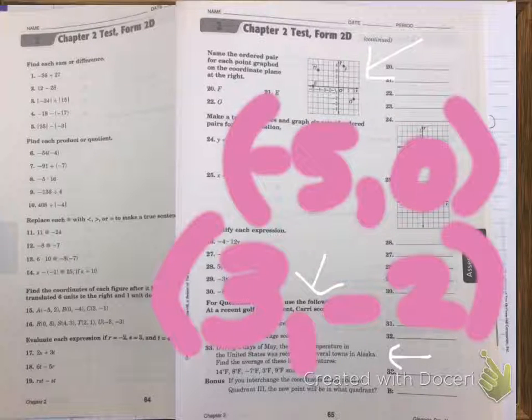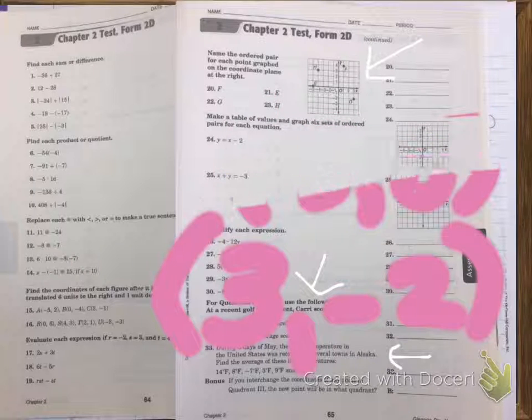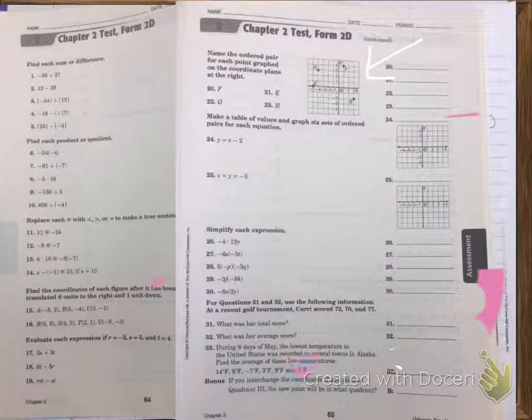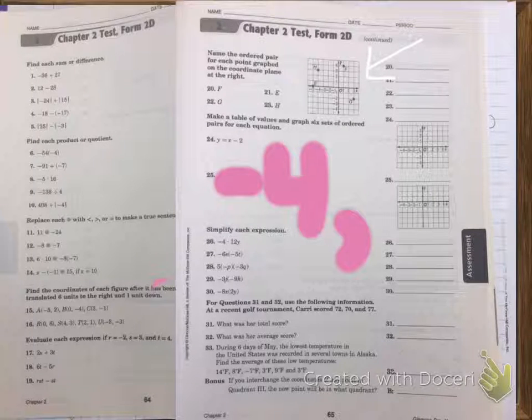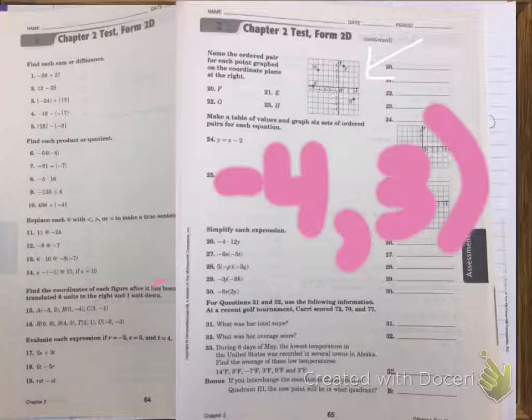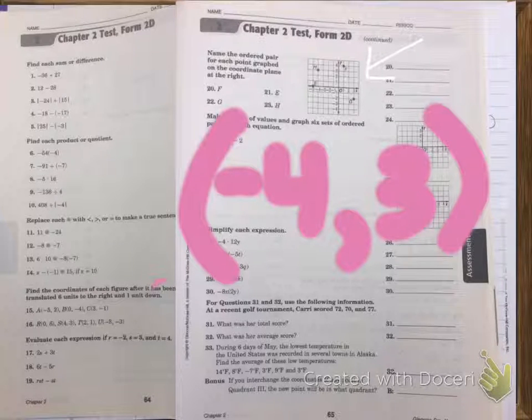And then our last point is H, and H is going to be up 3 and to the left 4, so that gives us positive, whoops, I went the wrong way. To the left 4 means -4 for our x, and up 3 would be +3 for our y coordinate. So that's for number 23.